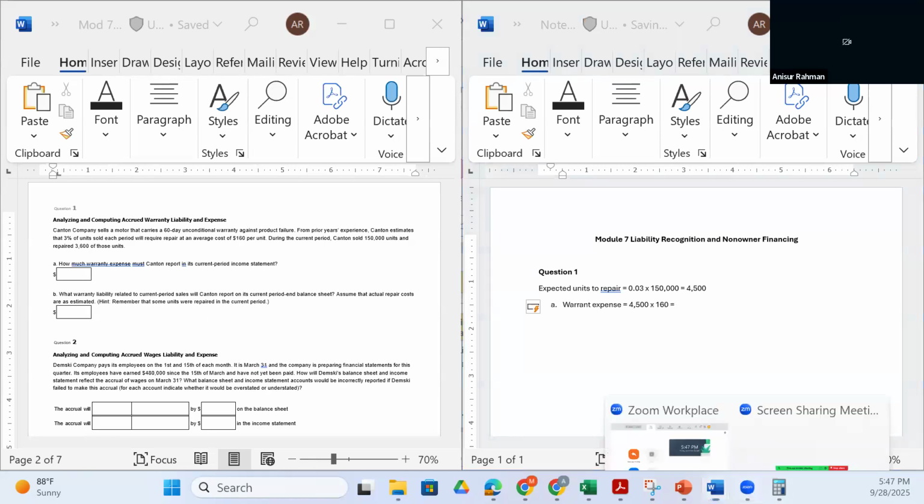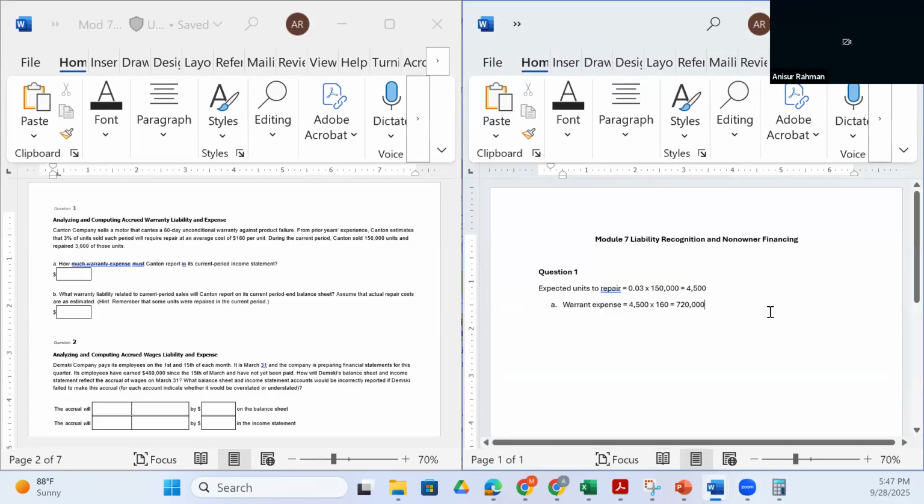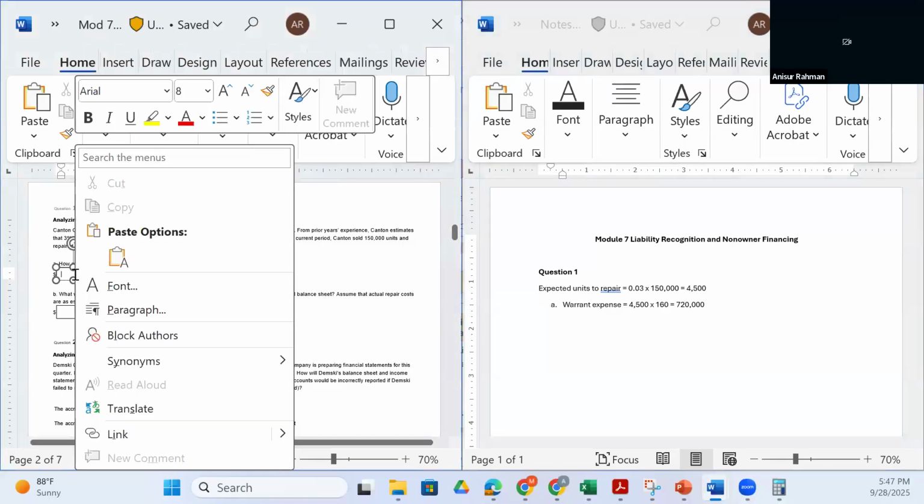So this will be $720,000. So I'm going to just write it here.